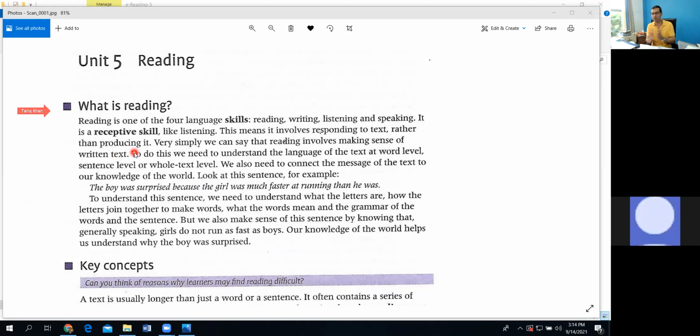If we read a book, it comes to us. If we listen to something, it comes to us. But when we speak, it goes from us to others. When we write, it goes from us to others. So those two skills are called productive skills. And these two, reading and listening, are called receptive skills.